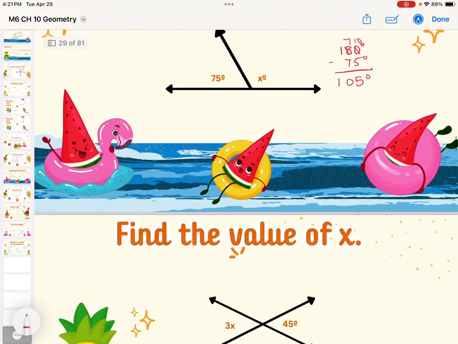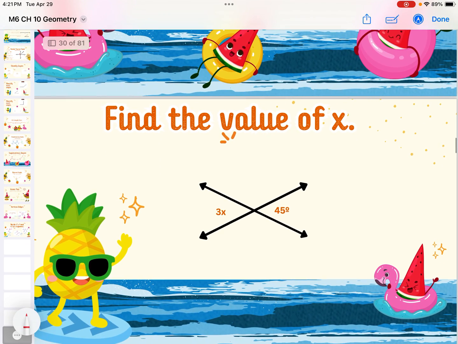Just try one more. We can pause. You guys can pause too to see if you can figure this out. But otherwise, we know that these two lines are intersecting. So that would make them vertical angles. So when they are vertical angles, that means our angles are congruent or they are equal to each other.